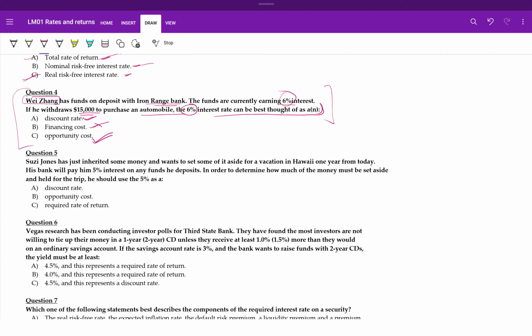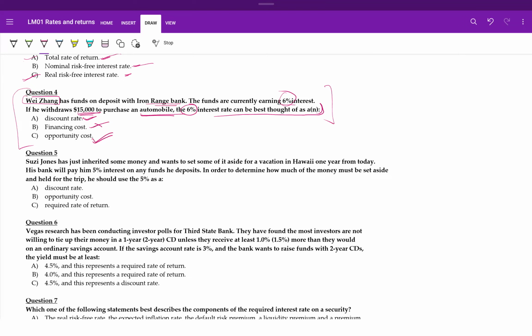So here he is letting go of the interest he would earn on his investment, and he is consuming this $15,000 by buying an automobile. This is the return he could earn by postponing his auto purchase until the future.